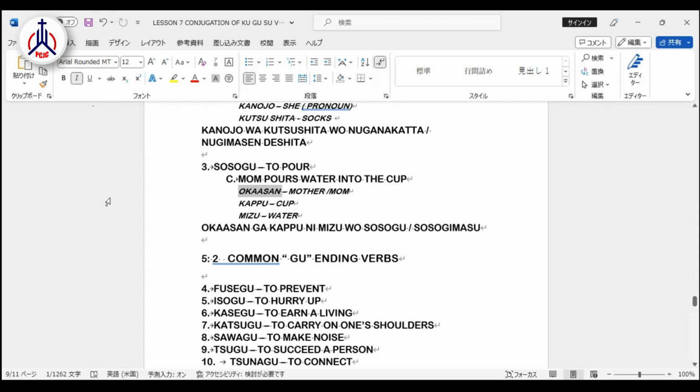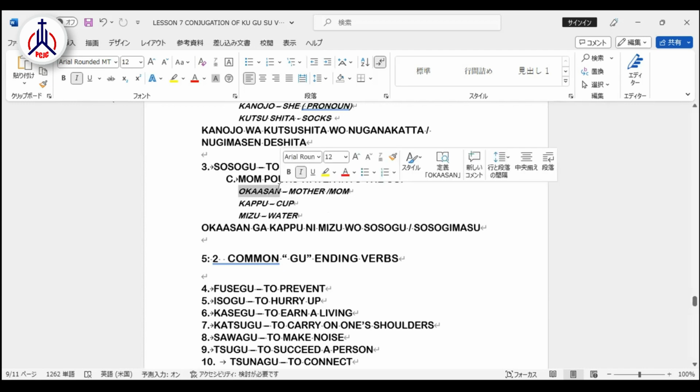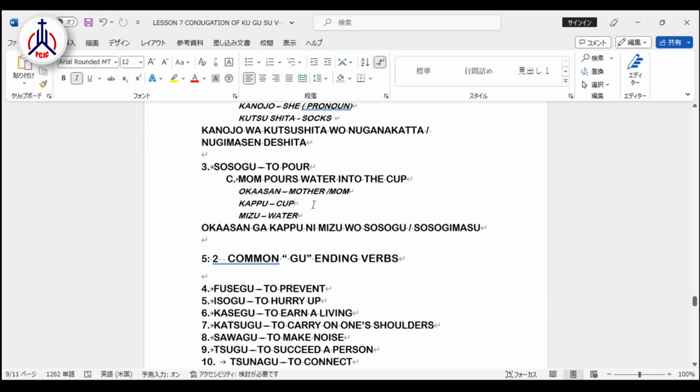Why not okasan? Okay, why not okasan? Your own father is chichi, your own mother is haha. When we're talking about someone else's mother it is okasan and otosan. I already told them that one. Okay. That's good. Thank you very much, sir.